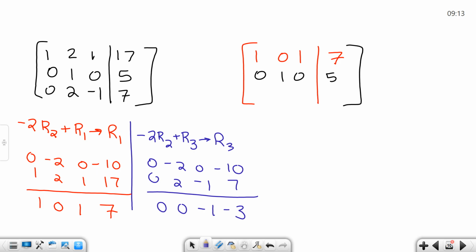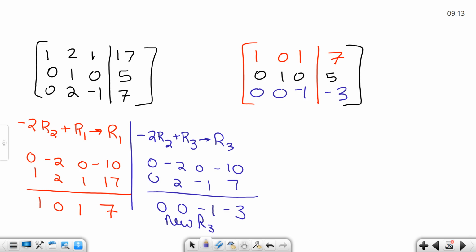And that's what my new row 3 would look like. But I'm not going to write it in. I am going to write it in just like it is. You probably see where I'm going with this.